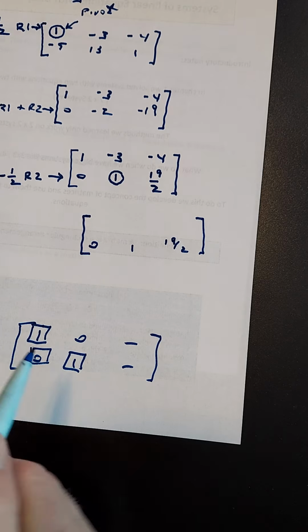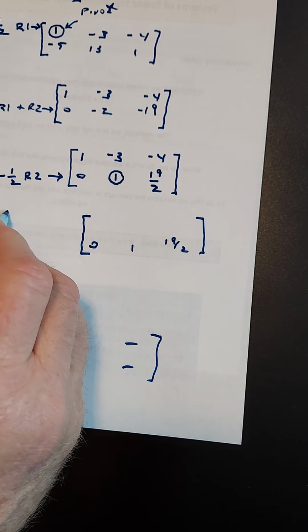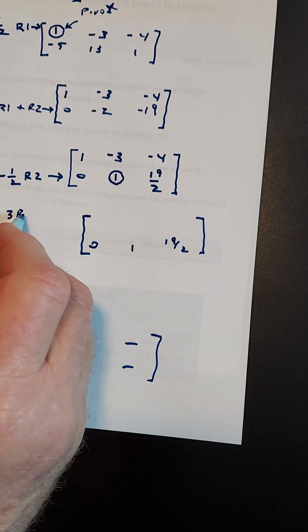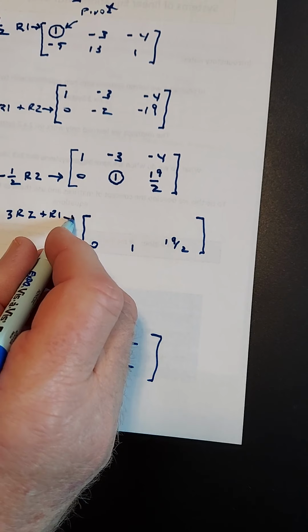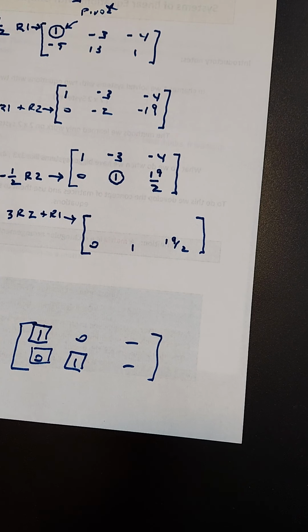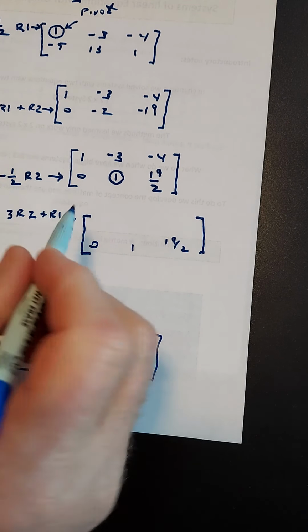Multiply and add. So the magic number here is going to be 3. I'm going to take 3 times row 2 and add it to row 1 and put my answers in row 1. 3 times 0 is 0, plus 1 is 1. You'll notice once you get 1s and 0s, they don't change. 3 times 1 is 3. 3 plus -3 is 0.